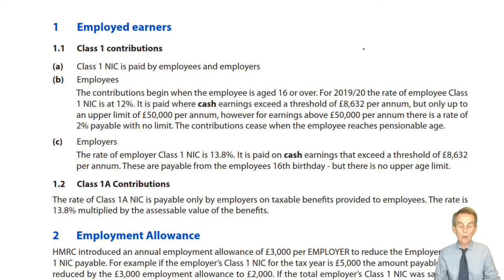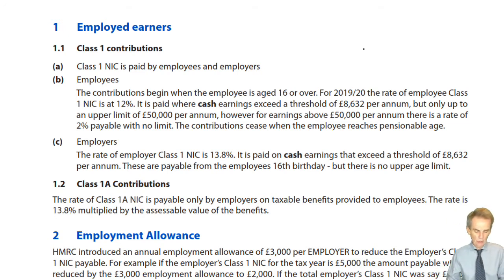So employee Class 1 NICs. But if you are in employment, it's not just you, the employee, that has to make those NICs. What the employer must also do is to pay over their secondary or employers' NICs.